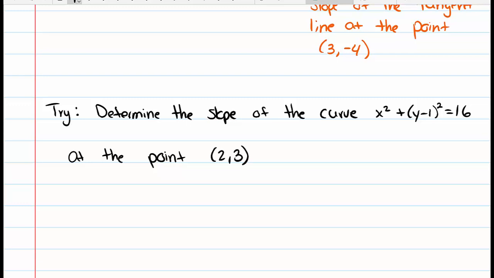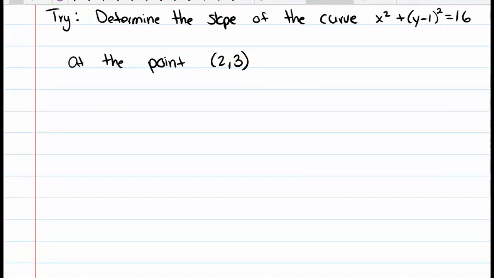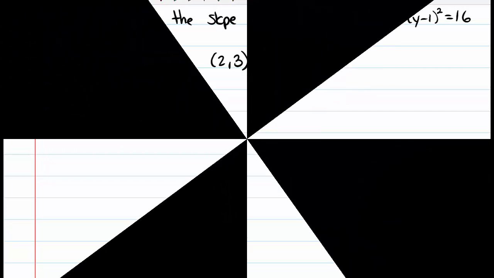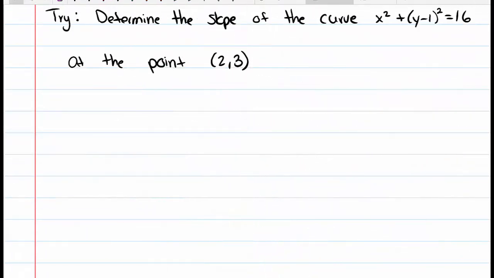So it's again very similar. The derivative is going to be a little trickier, but that's okay. I know you guys can do it. So right now, go ahead, pause the video, and try to solve it.